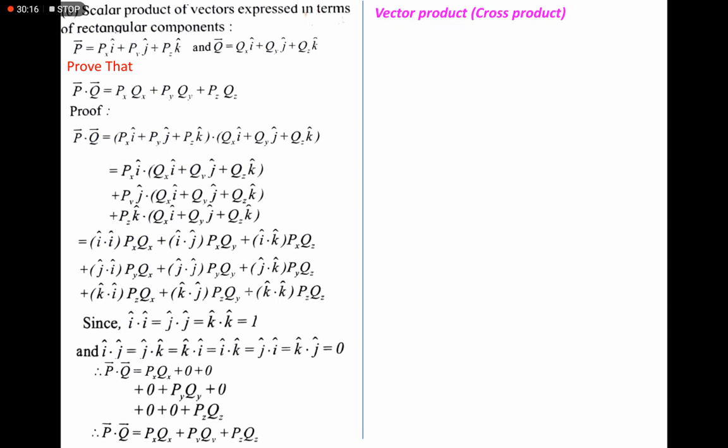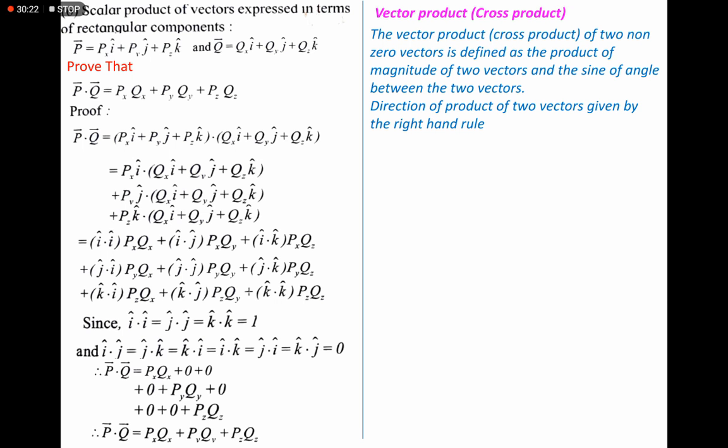Now our next topic is vector product, and we'll say it is a cross product. The vector product or cross product of two non-zero vectors is defined as the product of the magnitudes of the two vectors and the sine of the angle between them.